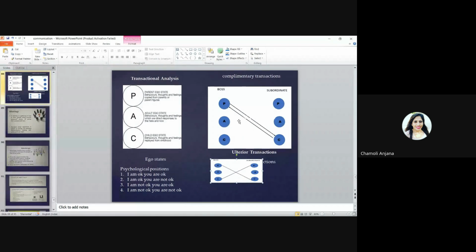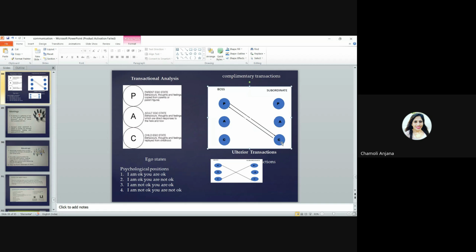That is the cue or the message that he's sending. So if the boss says to his subordinate, why are you late? You should always come on time. So he's talking as a parent, and he's treating his employee as a child. He is in a way scolding him and telling him that you are supposed to come to the office on time.